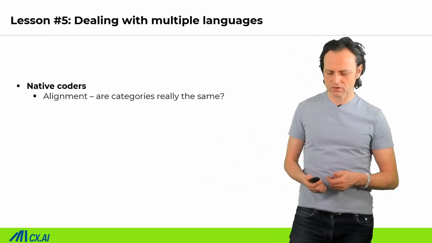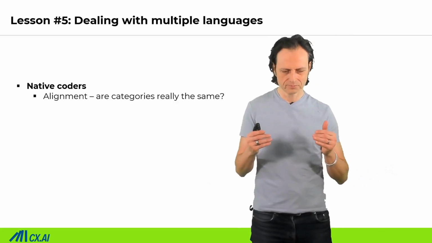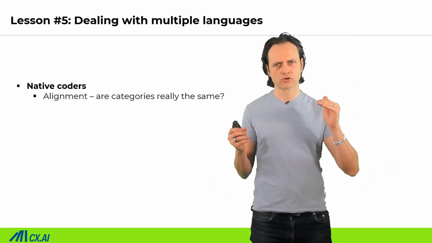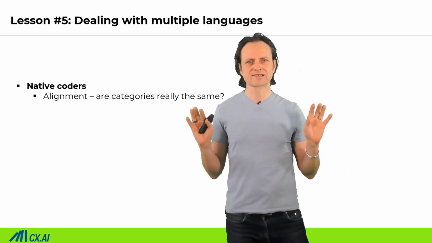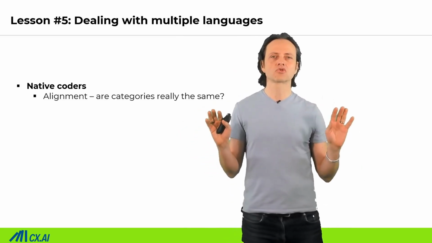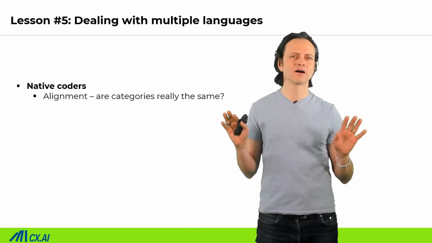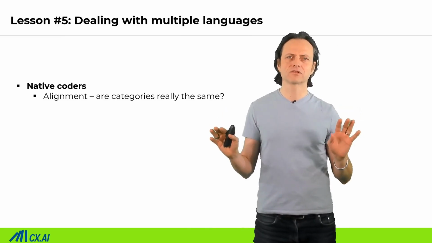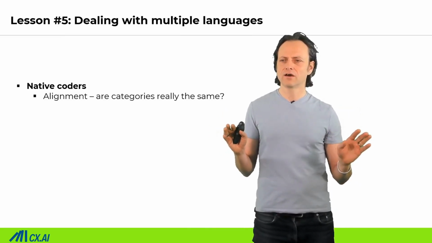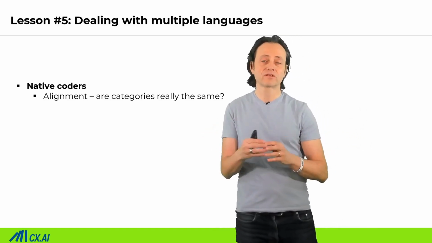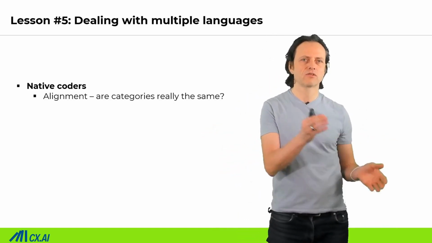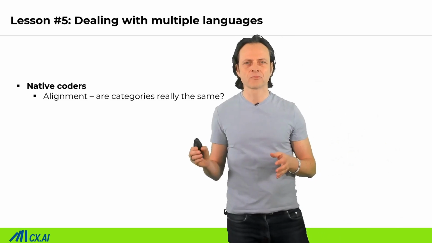The challenge here is how do you make sure that the categories are not only the same, but are understood the same? There are some differences in languages. There are some words in German that don't even exist in English, and the other way around.